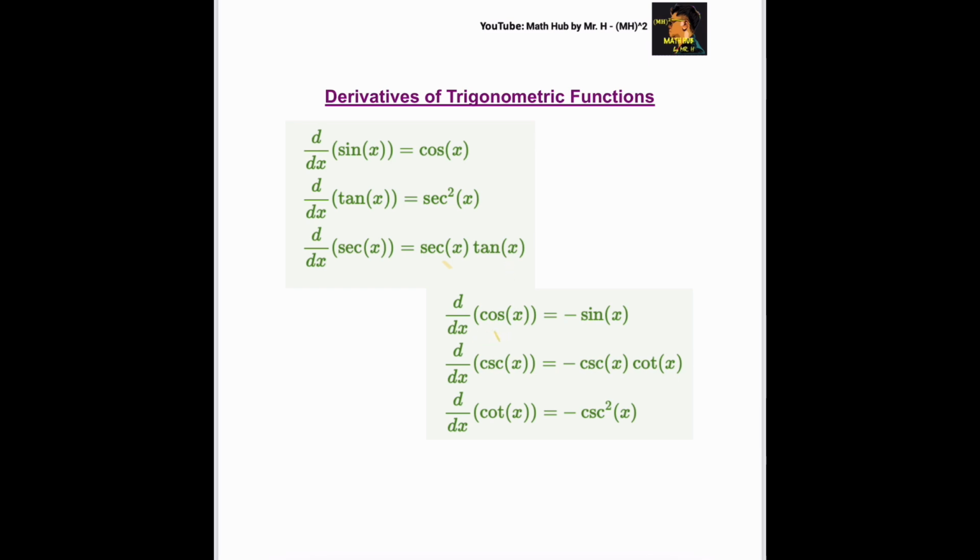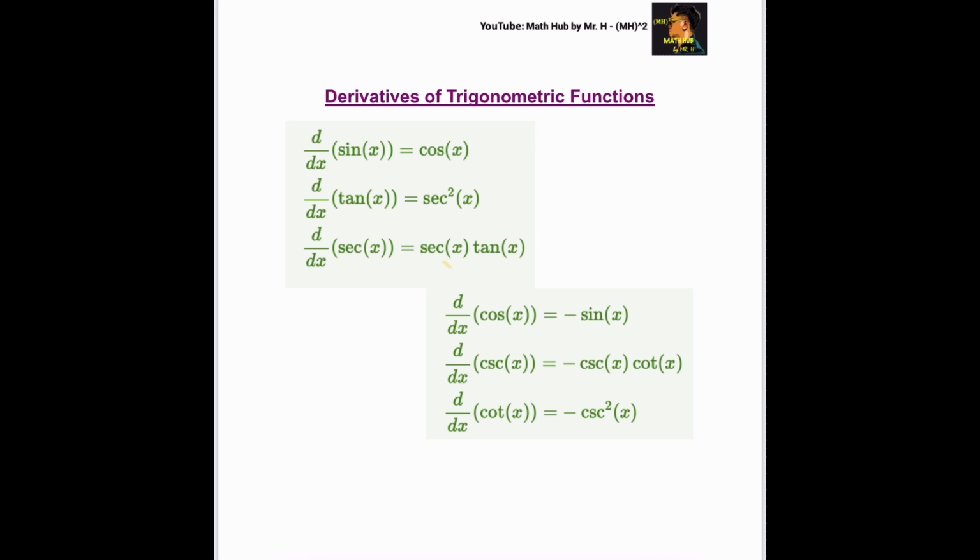The fourth one, we have the derivative of cosine x is equal to negative sine x. The derivative of cosecant x is equal to negative cosecant x times cotangent x. And the last one is the derivative of cotangent x is equal to negative cosecant squared x.